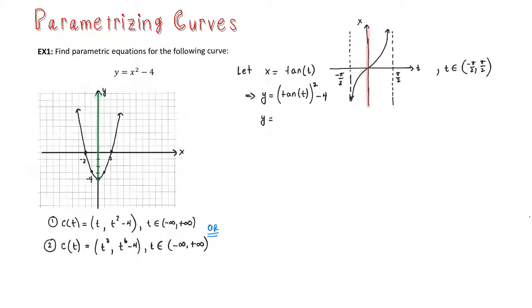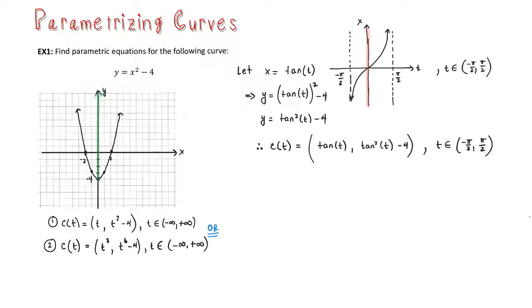So y equals tangent squared of t minus 4. That really means that the parametrization can be expressed as tangent of t for the x component and tangent squared of t minus 4 for the y component, where t is within -π/2 and π/2. What a beautiful parametrization of the same curve.